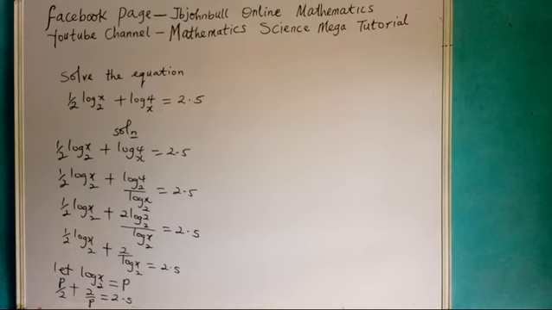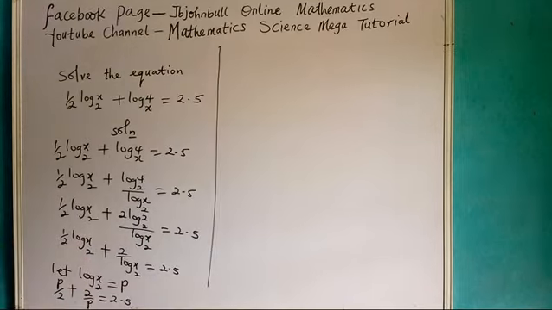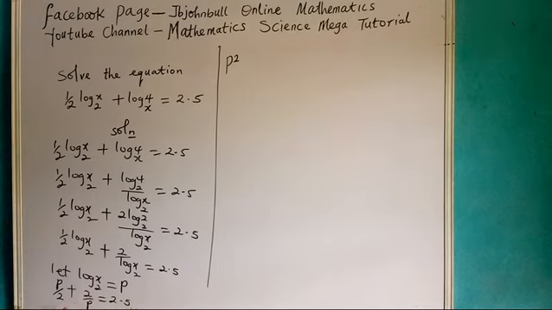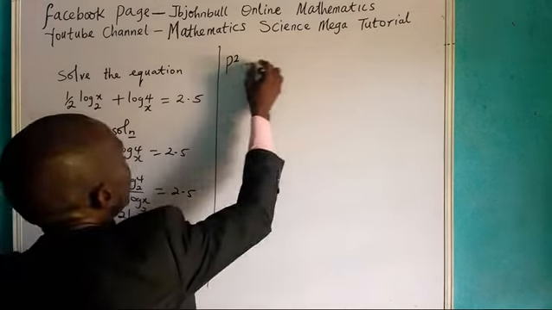Now, I need to take the LCM of the denominators so that I can multiply all through by that LCM. The LCM is 2p. 2p times this very one, we are going to have p squared. 2p times this other one, we are going to have 4.